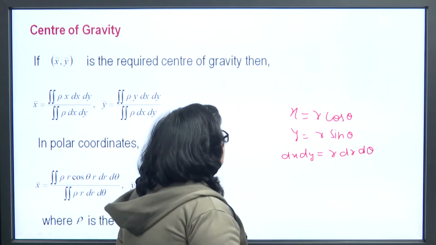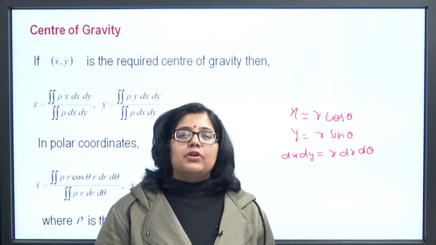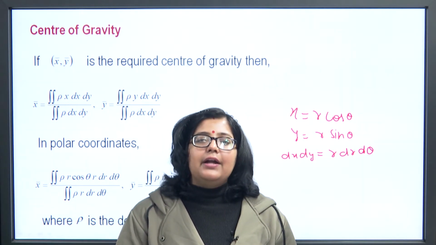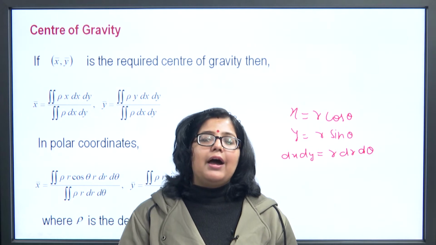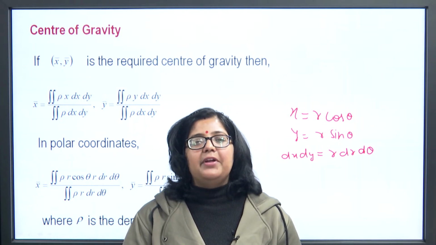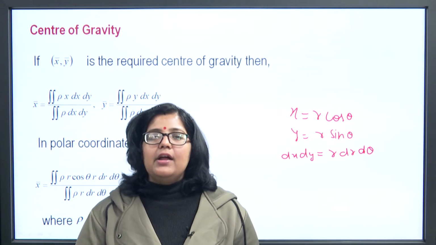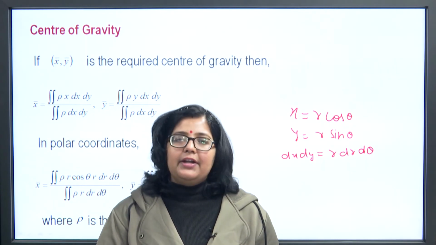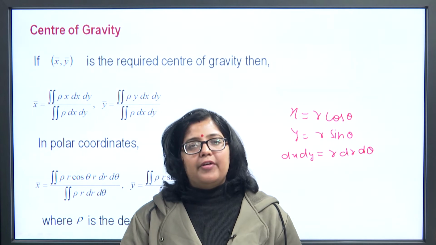Putting the values in the Cartesian form, x bar is double integration rho r cos theta r dr d theta upon double integration rho r dr d theta, and y bar is double integration rho r sin theta r dr d theta upon double integration rho r dr d theta in polar coordinates.